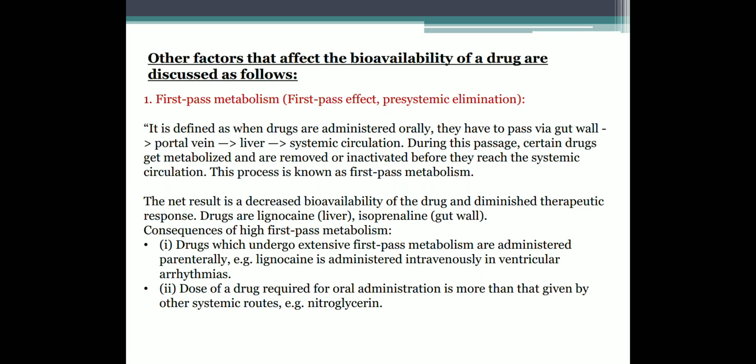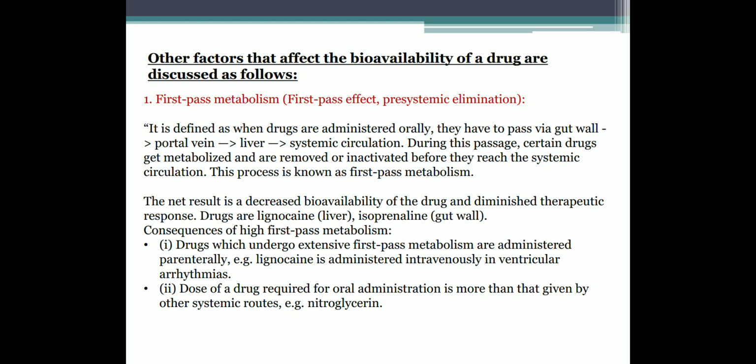First pass metabolism is defined as when drugs are administered orally, they have to pass via the gut wall, portal vein, and then liver, and then systemic circulation. During this passage, certain drugs get metabolized and are removed or inactivated before they reach the systemic circulation. This process is known as first pass metabolism.